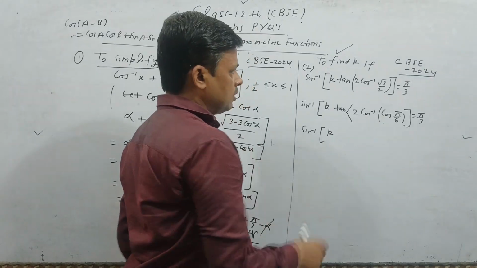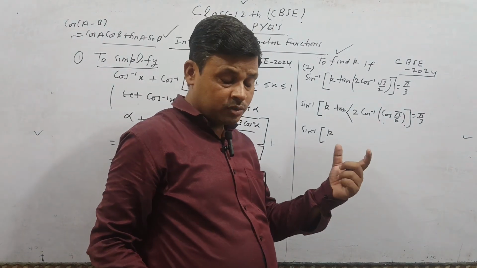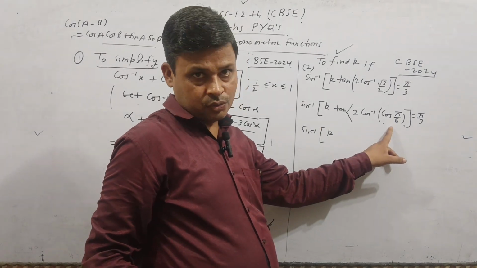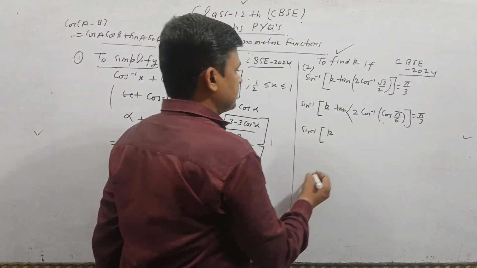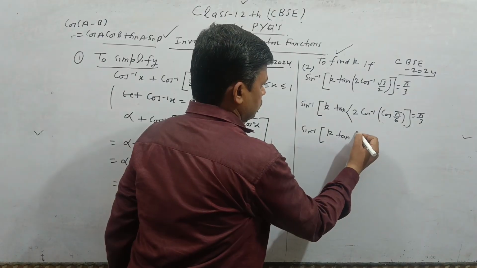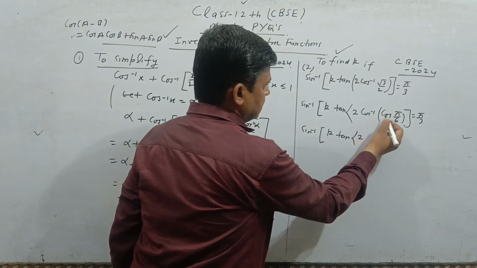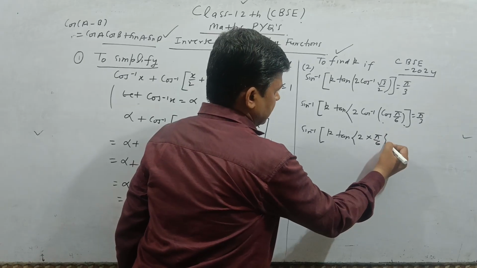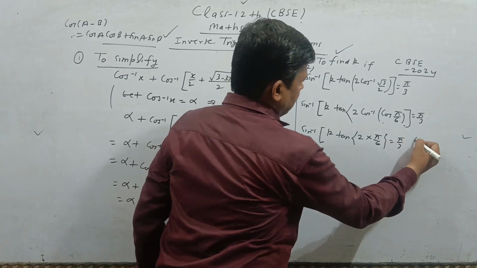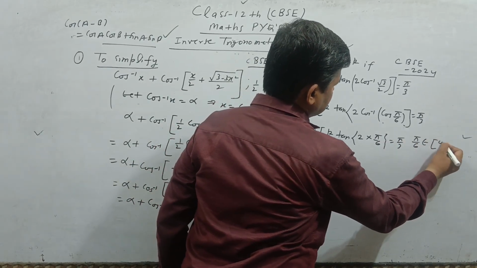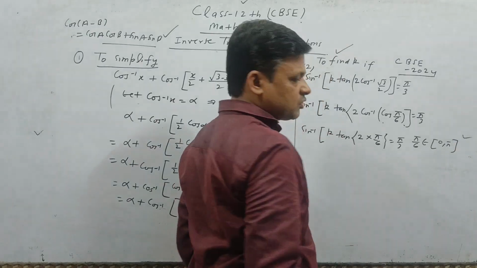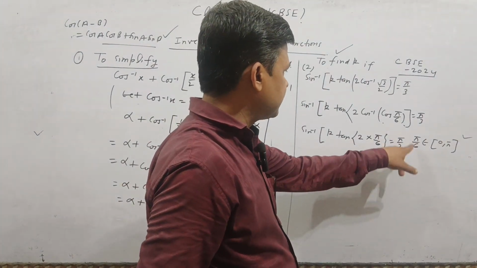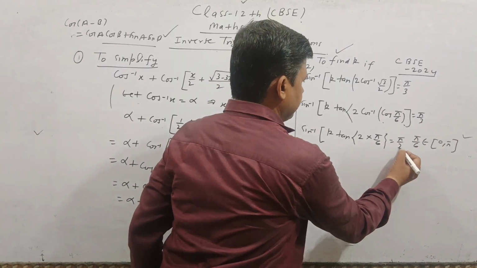Here we have to keep in mind the principal value. Here is cos inverse, here is cos, so it is pi by 6, which is correct because pi by 6 belongs to the principal value range of the cos inverse function, which is the closed interval from 0 to pi. So it will be pi by 6.